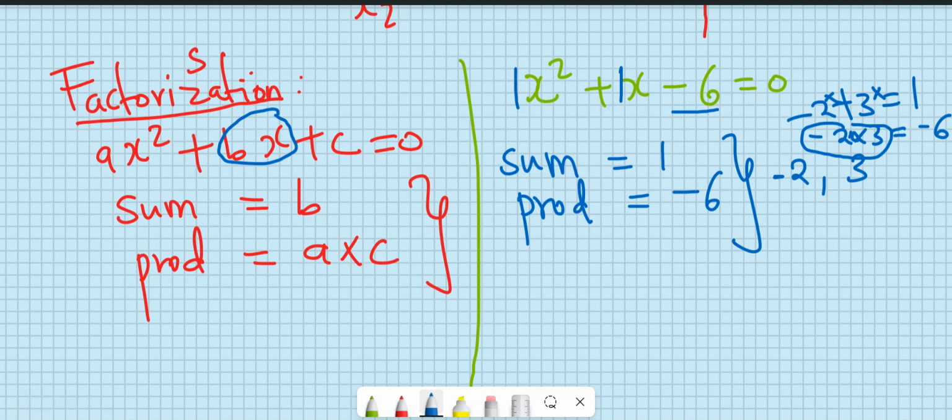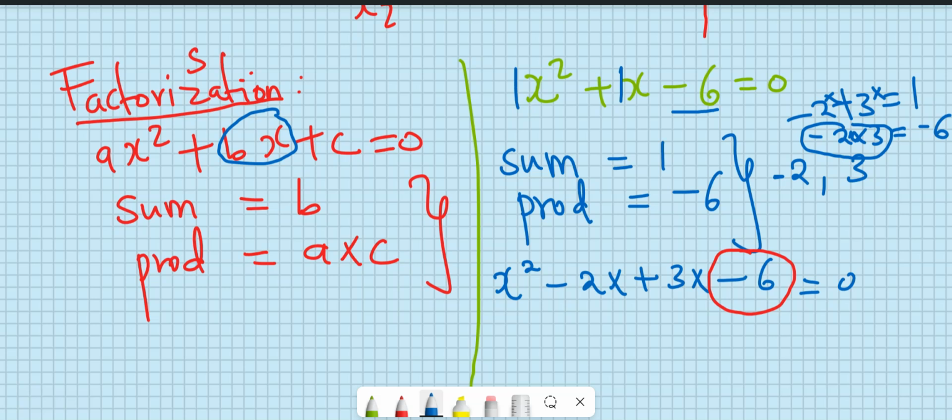So this equation becomes x squared minus 2x plus 3x minus 6. Take note as well that sometimes people forget this, and after including the two numbers you get to 0, that's the beginning of your problems. So this has to be there, equals 0.